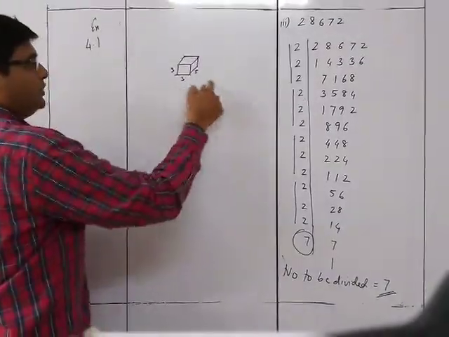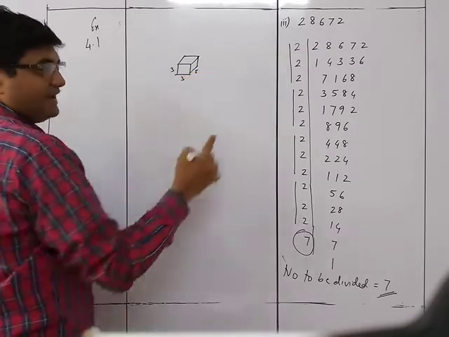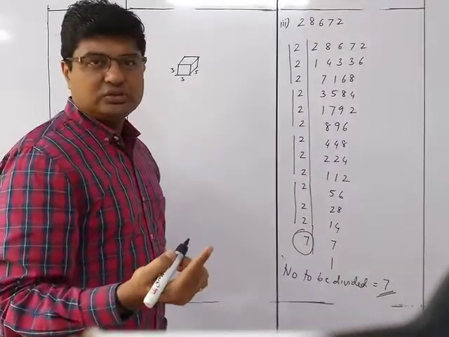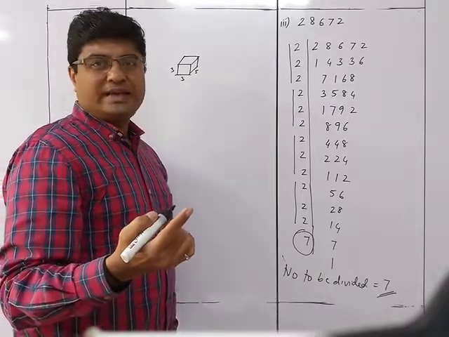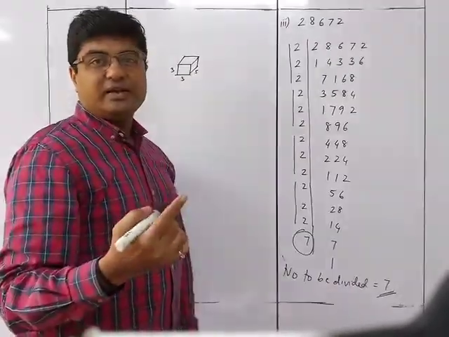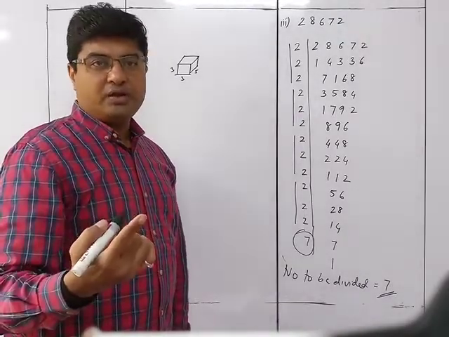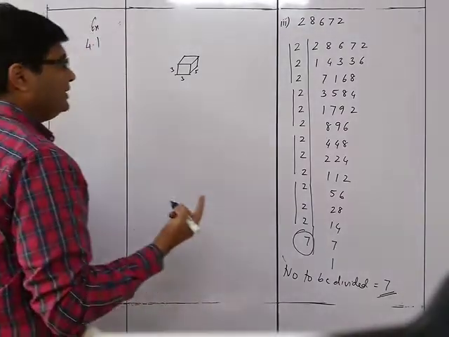So accordingly you will find that you can make a cube only if the sides are 15 each, because the LCM of 5 and 3 is 15. So only if it is 15 by 15 by 15 you can get this thing done.